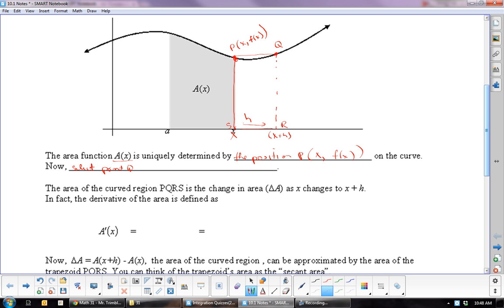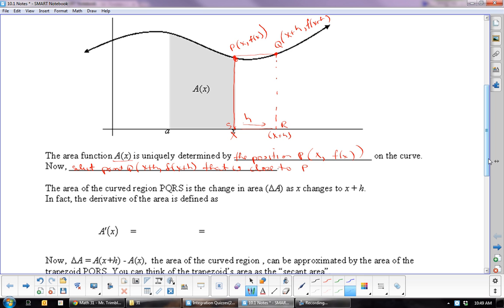Now, Q would be x plus h, comma, f of x plus h. So we've got point Q, which would be x plus h, comma, f of x plus h. That is close to P.